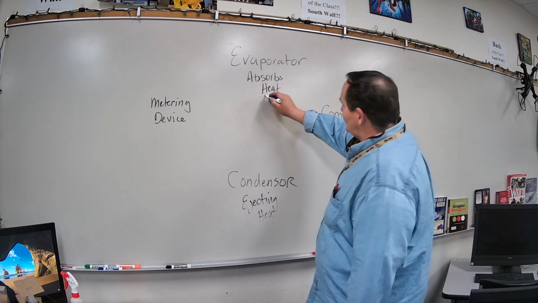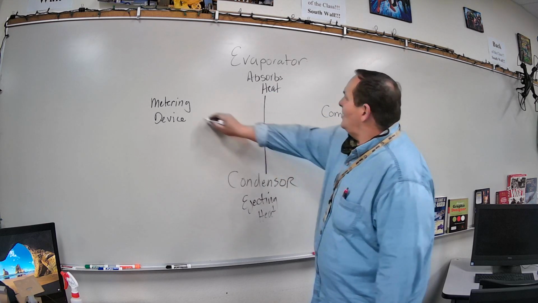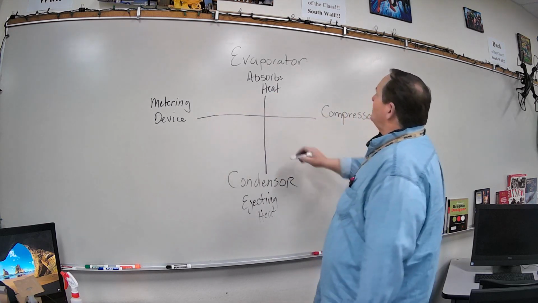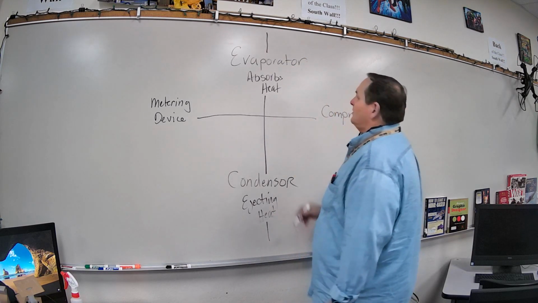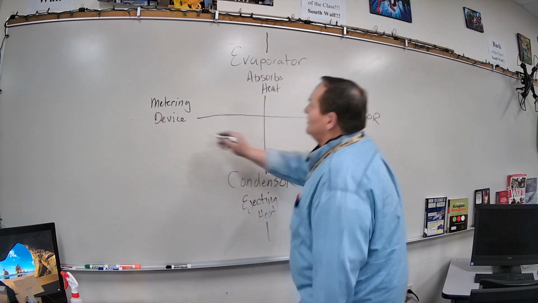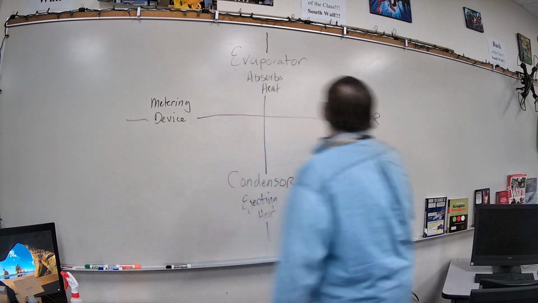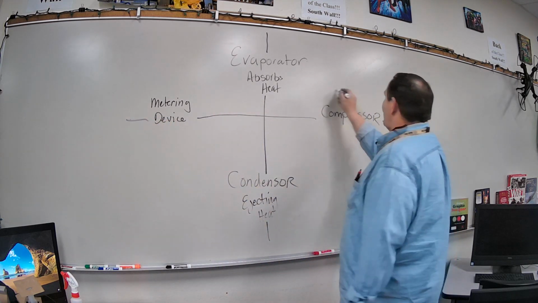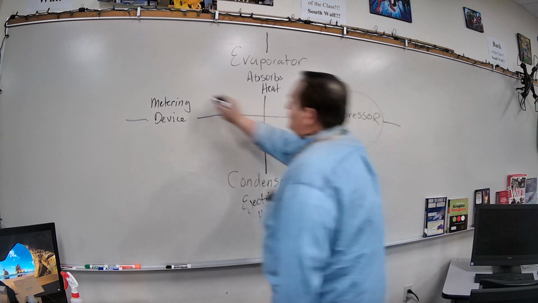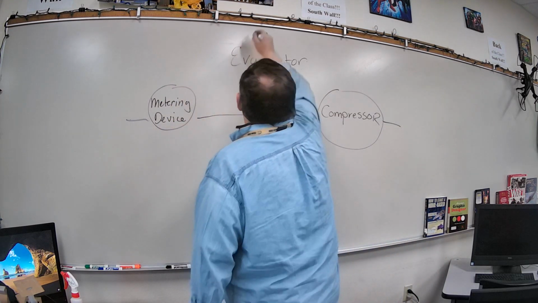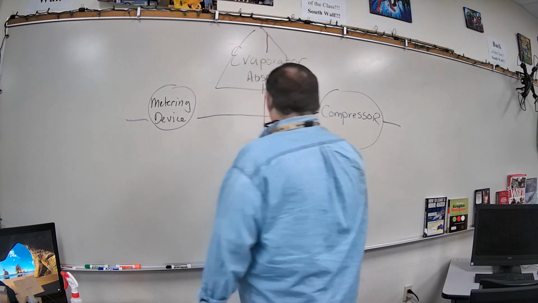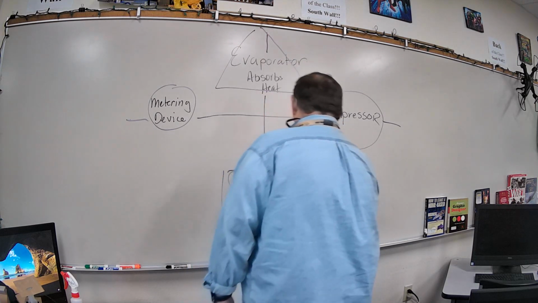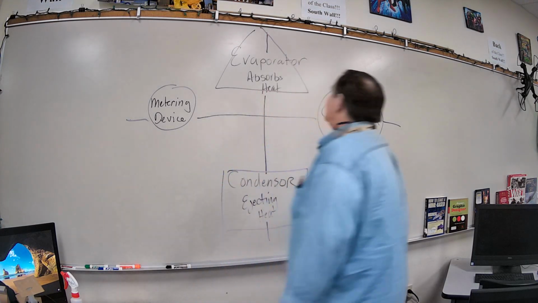Matter of fact, you can take a line and make a little cross right here, because we can divide up the circuit right here. And I'll cover that a little bit more in a minute. All right. We're dividing the compressor in half. We're dividing the metering device in half. We're dividing the evaporator in half, and we're dividing the condenser in half.